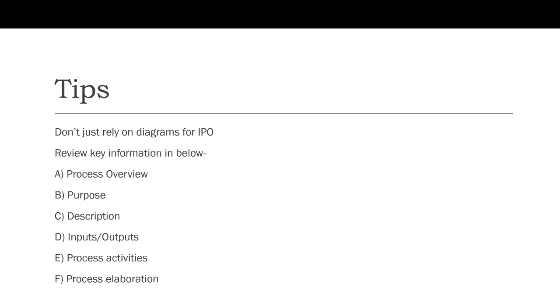We need to make sure we understand the text written in the process overview: its purpose, its description, its inputs, outputs, process activities, and its process elaborations. Each and every process is divided into these subsections. We need to understand those, because relying on the diagrams or just remembering them is not sufficient.